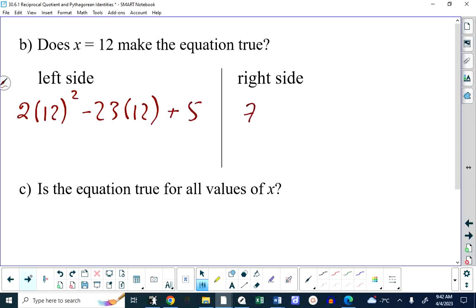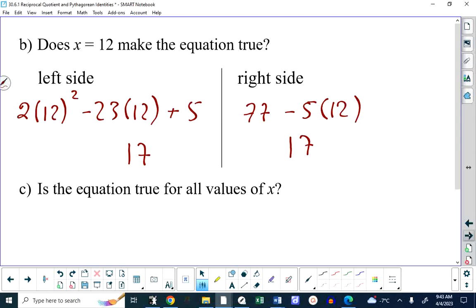And the other side was 77 minus 5 times x. So work this out. 5 times 12 is 60. I get 17 on the right-hand side. Can you verify you get 17 on the left-hand side? I'm pretty sure you do, if I remember correctly. Yes.